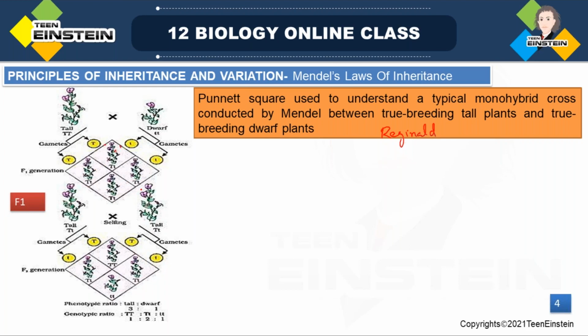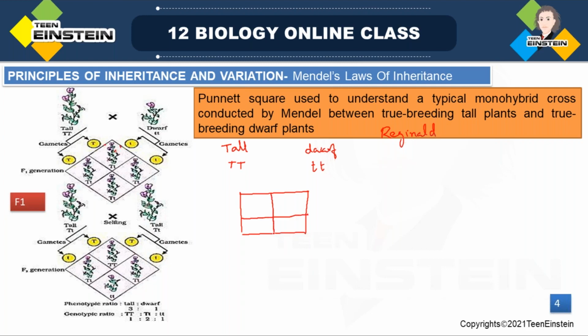And here, just now I told about tall. Here, tall plant and dwarf plant we are considering. Tall means capital T, and dwarf means small t, small t. So in the Punnett square, we are going to write the gametes and possible combinations in a simple way.